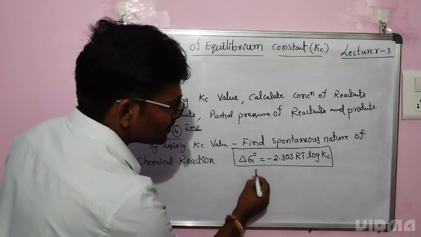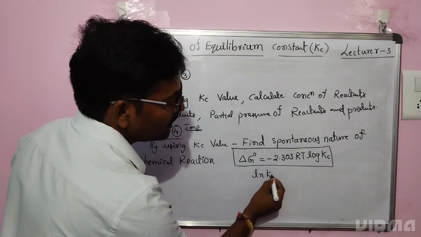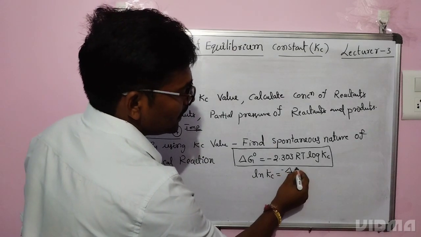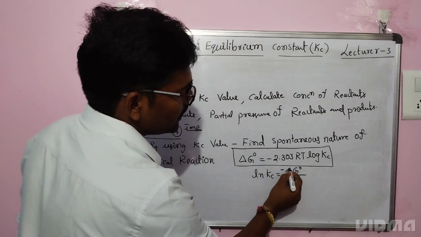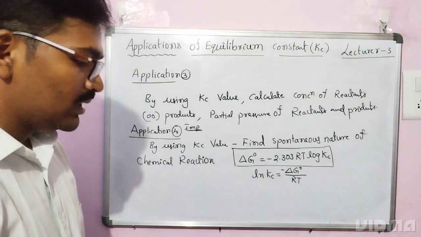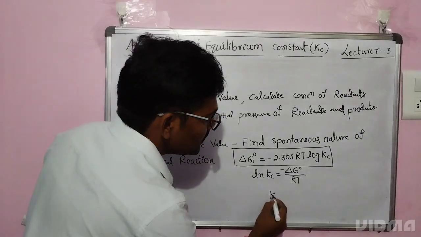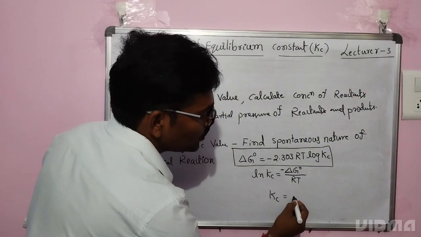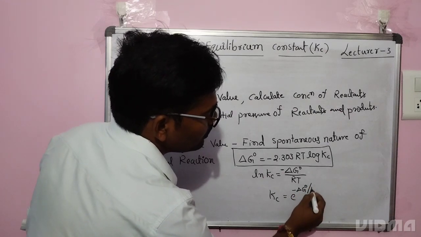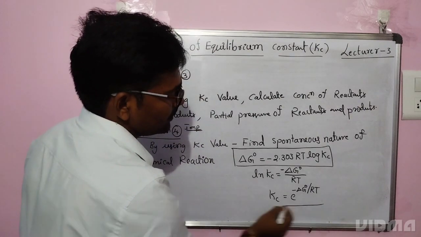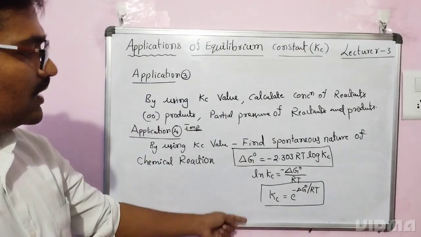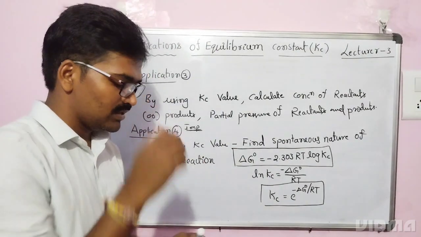We can also write it like this: ln Kc equals minus delta G naught divided by RT. Not only that, Kc equals exponential to the power of minus delta G naught divided by RT. So all three relations we can write.